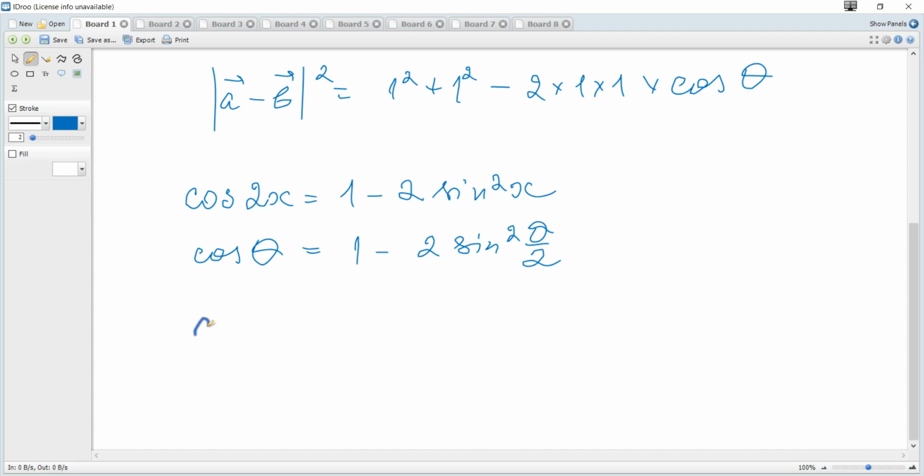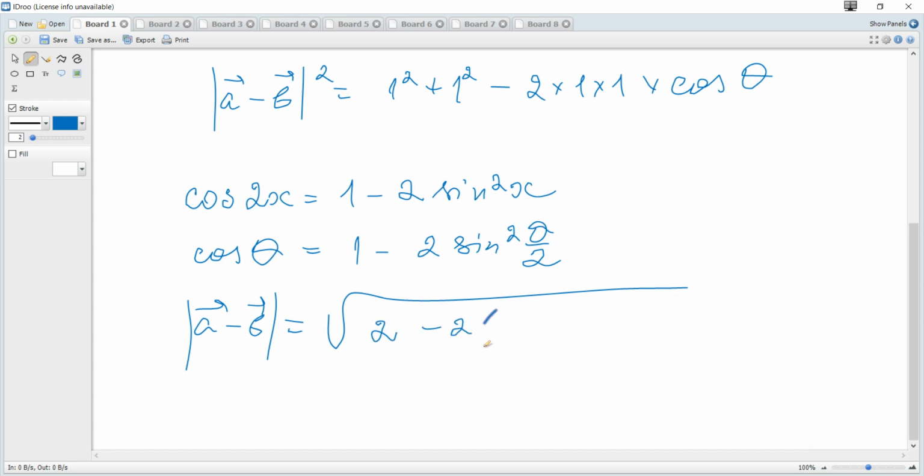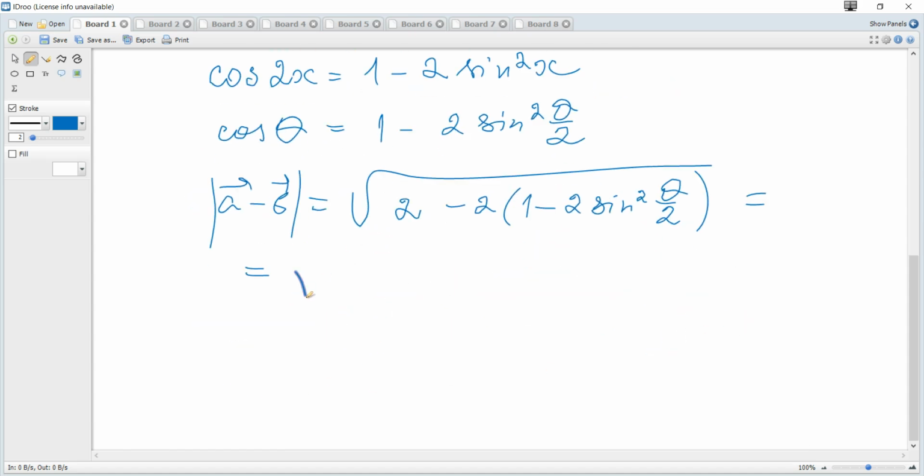Substituting it, we get that the magnitude of a minus b is the square root of 2 minus 2 times (1 minus 2 times sine squared of theta over 2). And let's just expand. It becomes the square root of 2 minus 2 plus 4 sine squared of theta over 2, and it becomes the square root of 4 sine squared.